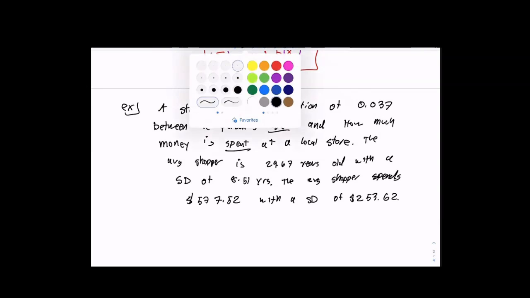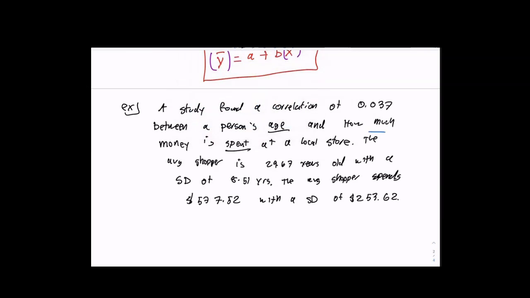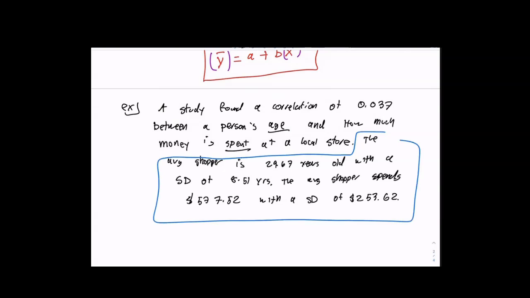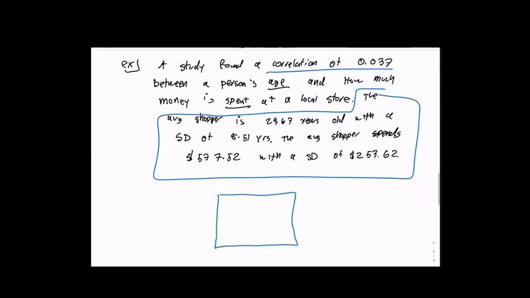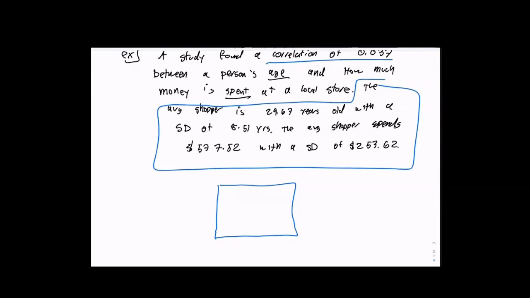Now, I want to point out that this information, along with this, is sometimes just presented as a table. And I think in almost all your homework problems, it's presented as a table. It'll be like the mean, the standard deviation, age and spent.